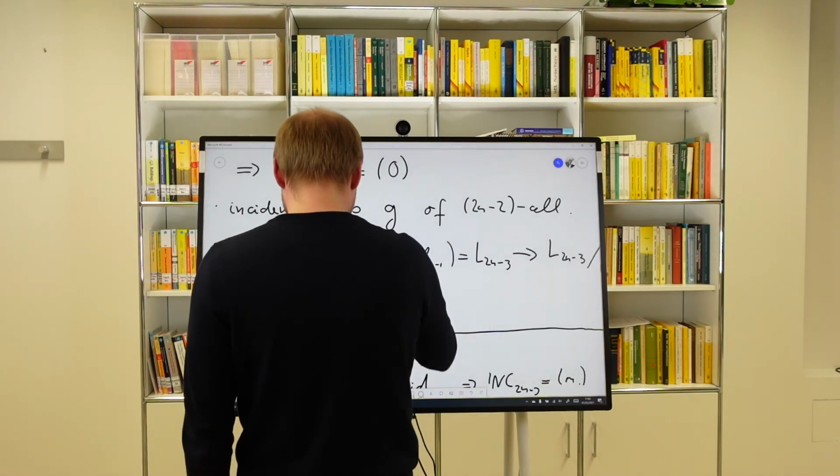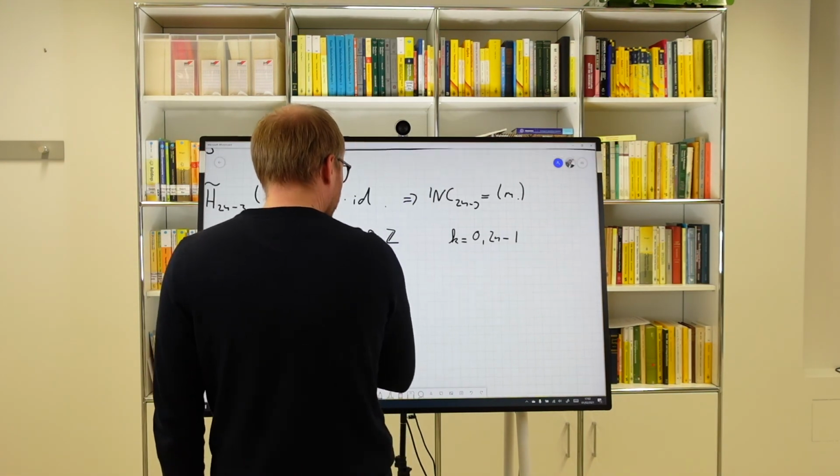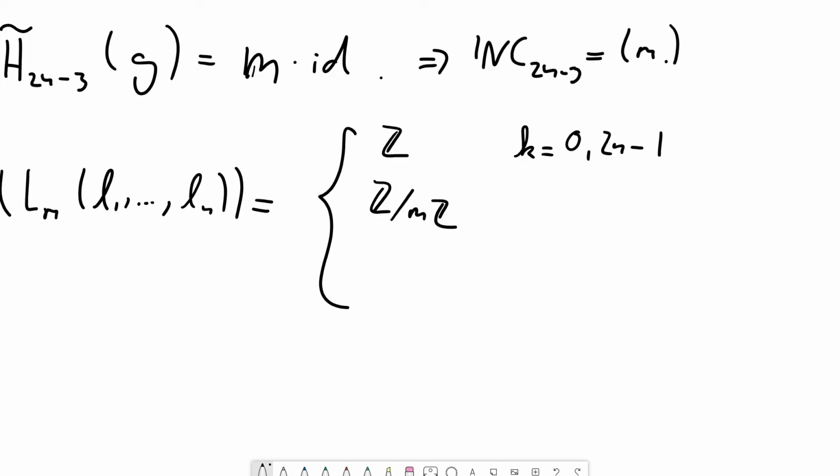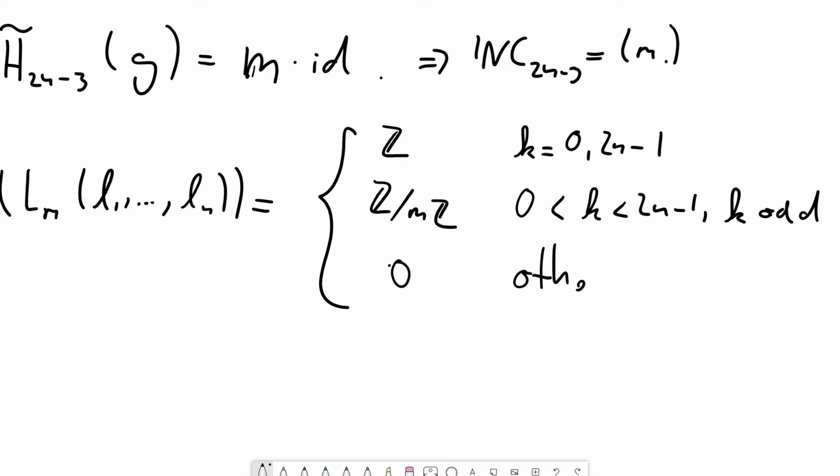So that gives the two remaining cases. It's Z mod mZ if k lies between 0 and 2n minus 1, and in addition is odd. And finally, in all remaining cases, the homology is 0.